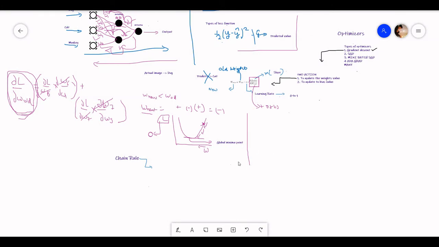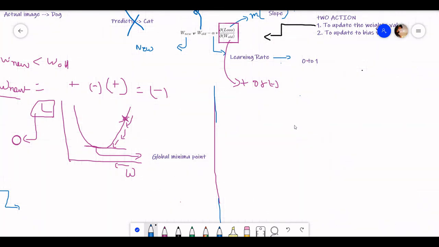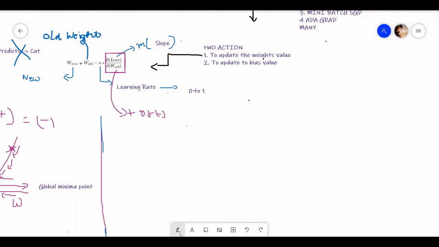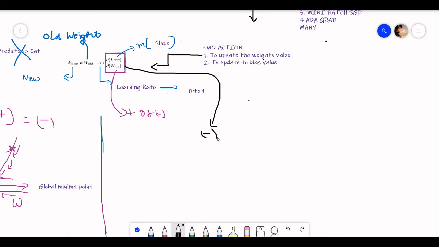So it is all about the negative. And if our derivative becomes positive, it will become a negative value. And if our derivative of loss with respect to W old is negative, in that case we have to check the sign of our W new, how it reacts according to our derivative with negative sign.